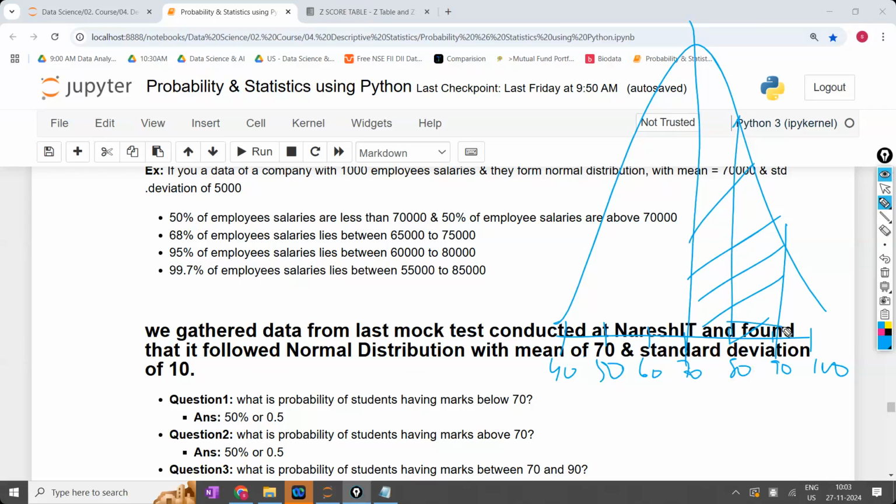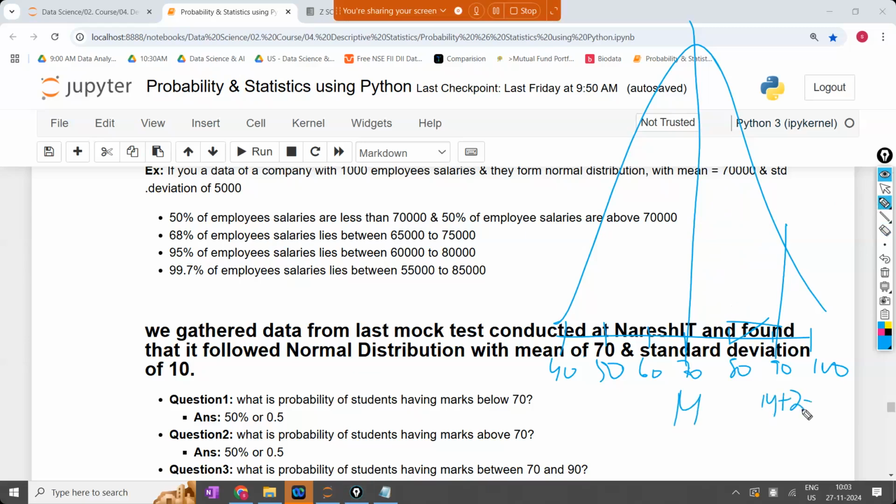Confused? I'm asking 70 to 90. What is 70? Mu. This is mu plus 2 sigma. What is the distance between mu and mu plus 2 sigma? From here to here it is 34, you just concluded, right?